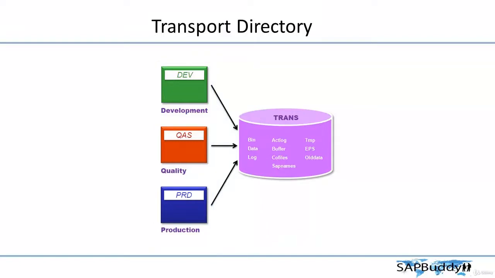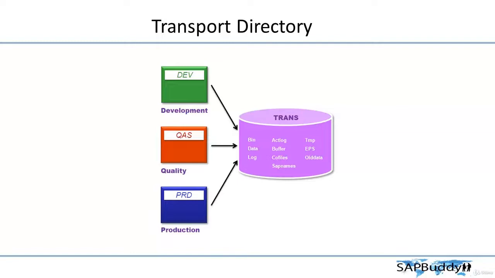Now we have a transport directory which is accessible for all these systems. Inside each directory we have different folders for different purposes. We will see that again in more detail. This transport directory is basically accessible for all the systems.